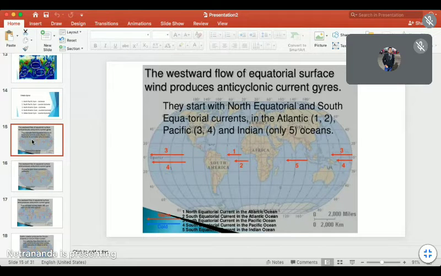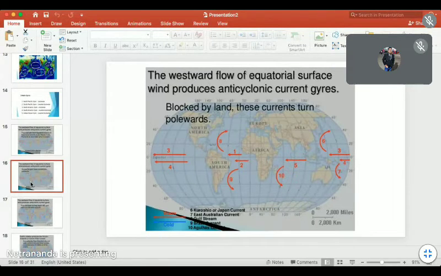And then 3 and 4, the south equatorial current in the Pacific Ocean and the north equatorial current in the Pacific Ocean, and then 5, the south equatorial current in the Indian Ocean. You can see how these equatorial currents are forming.